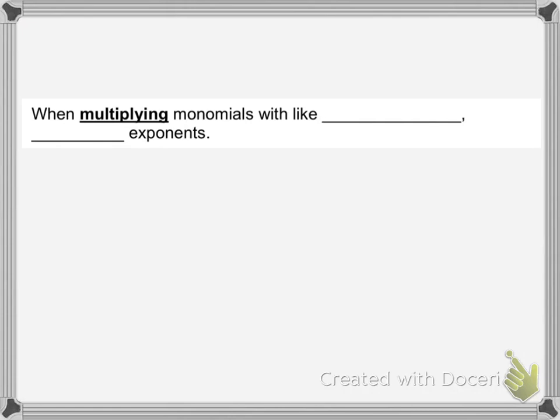So when you're multiplying monomials and they do have some variables that are like one or more, what you're going to do is add the exponents. Okay, so this is probably new for you. I also want you to write this down.